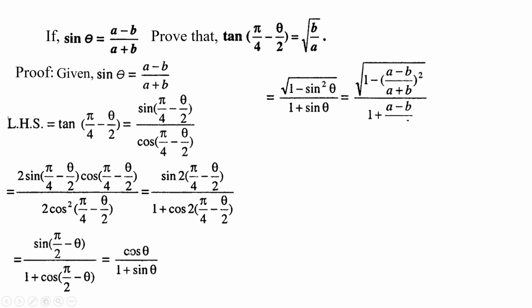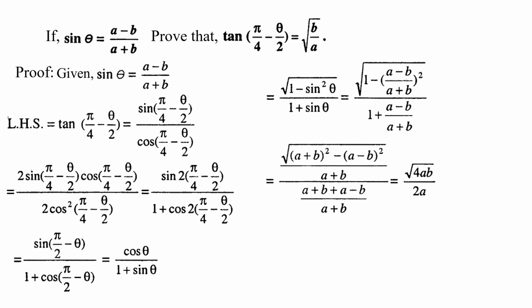Now sin square theta plus cos square theta equal to 1. So cos square theta equal to 1 minus sin square theta. Therefore cos theta will be root over 1 minus sin square theta, and the denominator are same. Now since given sin theta equal to a minus b by a plus b, I write this sin theta equal to a minus b by a plus b in place of this.